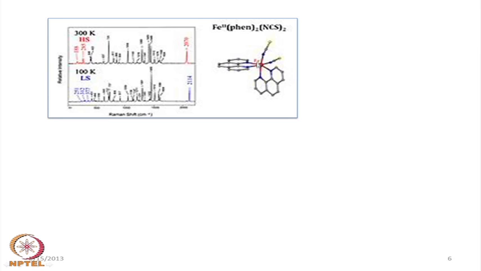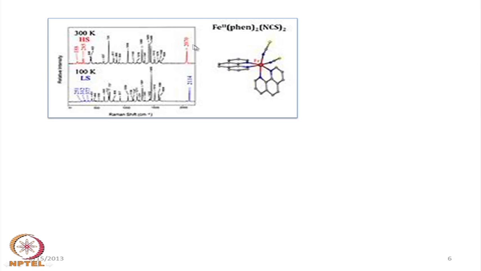So, as we move to the high spin, the Eg levels are getting occupied. The interaction of that Eg electron with our NCS ligands is different, and the stretching frequency changes, meaning some of the electronic charge is being pushed to the orbitals of the thiocyanate groups, and that electron push can modify the corresponding stretching frequencies of these thiocyanate groups.